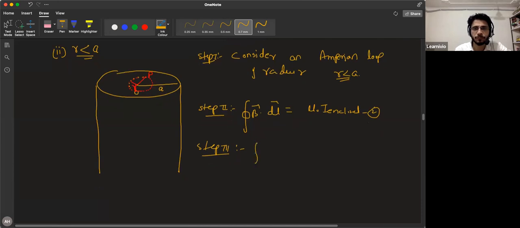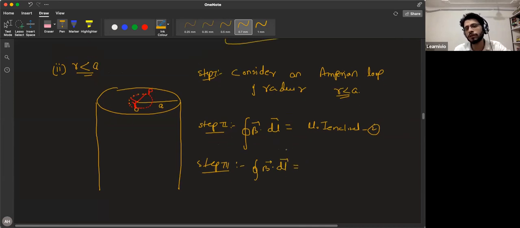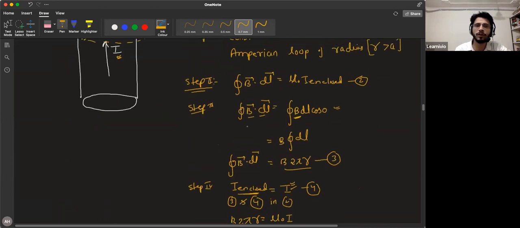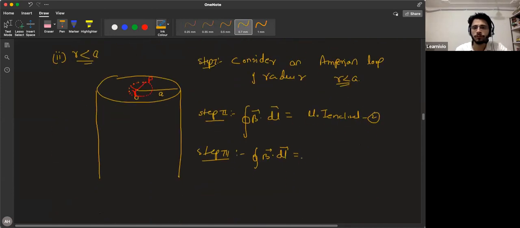So we will open the closed integral, that is B dl cos theta. When you solve this B dot dl, this is the standard calculation. Every time this comes out to be B into 2 pi r. So I'm writing it as B into 2 pi r only. That's the third step.